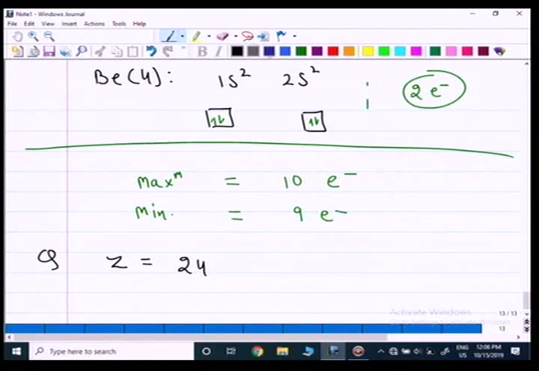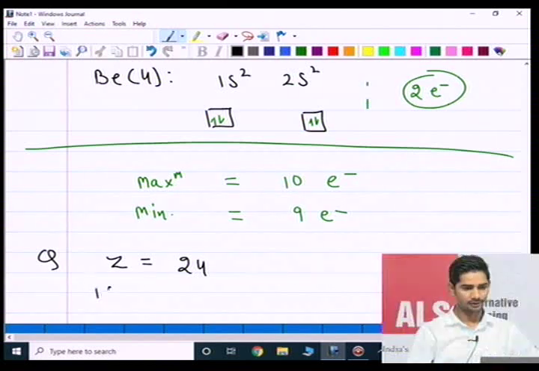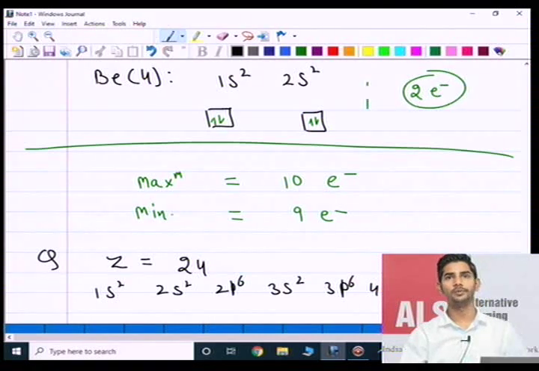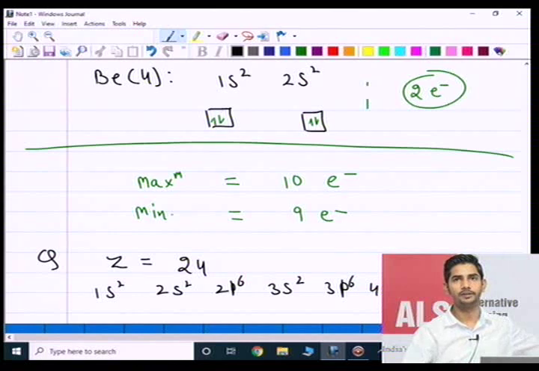Let's see. It is 1s2, 2s2, 2p6, 3s2, 3p6, 4s1, 3d5. This is chromium, right? 4s1, 3d5.